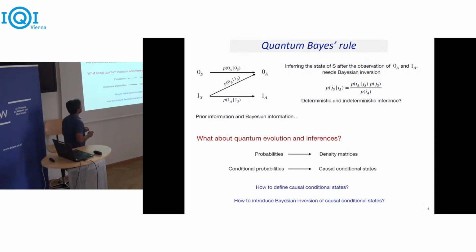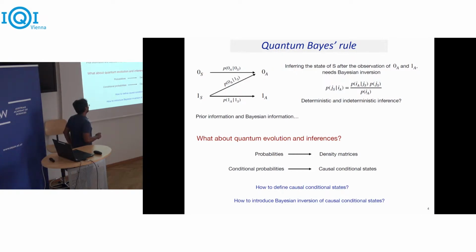And now the question comes, obviously you can understand here that you kind of need prior information in order to do this inversion, because you see I need this probability here. So I use the initial probability, and because of that I also get a final probability, and I need prior information in order to do this retrodiction, the Bayesian inversion. Well, now the question comes how one could extend this in the context of quantum evolution and so for quantum inferences.